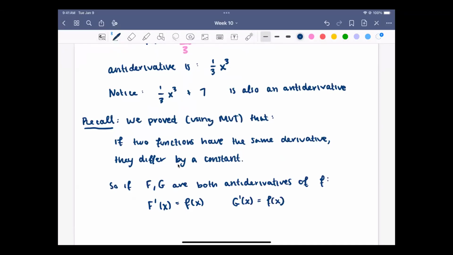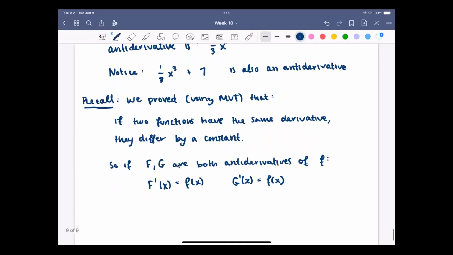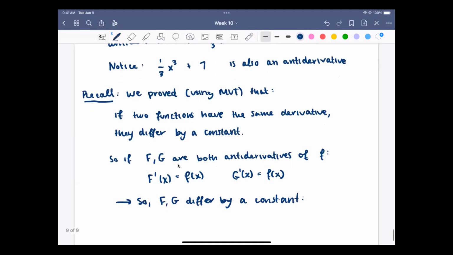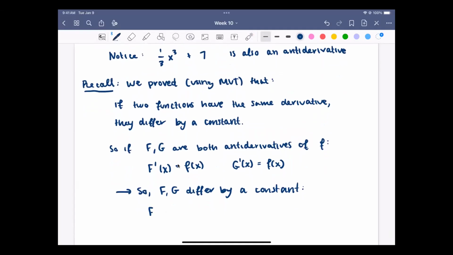And so that means that, going back to this statement, these two functions have the same derivative, so they must differ by a constant. Okay, so what that means is that F of x minus G of x is equal to some constant c.